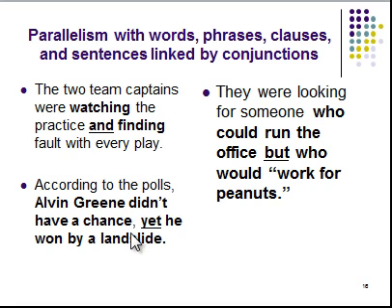Here you have it, it's parallel on the other side: he didn't, he won. And here they are looking for someone who could run the office, but who would work for peanuts. Here I have this between brackets to remind you of idioms. Work for peanuts means to work for very little money.